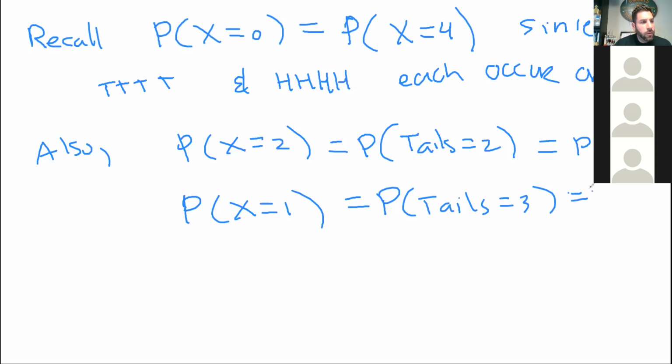And of course, this is the probability of X equals 3. Getting 3 tails is no different than getting 3 heads. They're both equally likely.